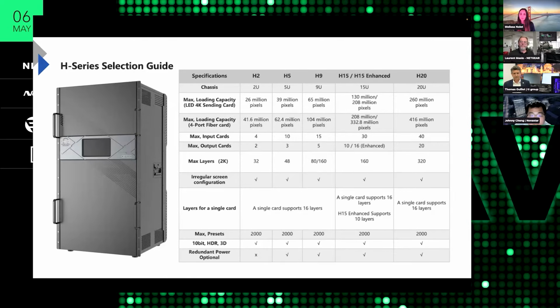Also, high-level requirements like HDR 10 bits and 3D can be achieved more easily. And today Thomas will show the new solution we're working on with the SDVoE card, so let Thomas introduce it. Thank you.